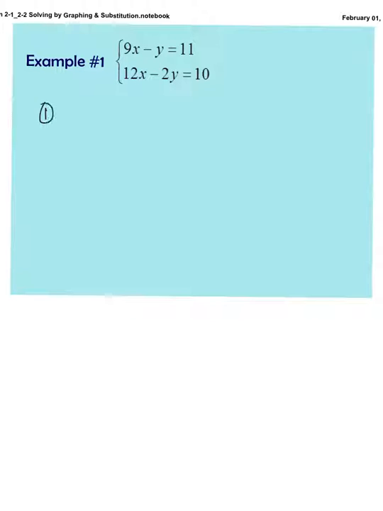So step 1, I'm going to take the first equation, 9x minus y equals 11, and solve for y. The negative belongs to the y, so the 9 is positive. To move it, I need to subtract 9x from both sides.